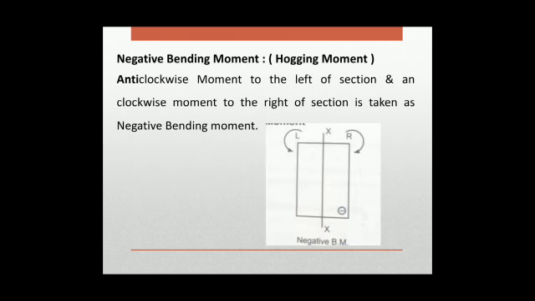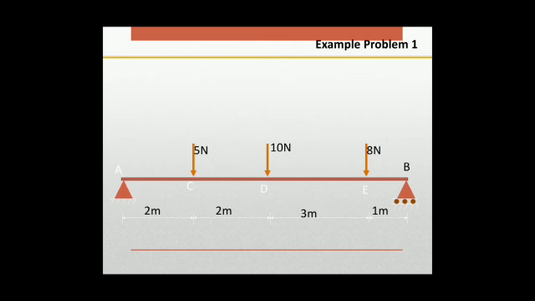Negative bending moment, that means hogging moment. Anti-clockwise moment to the left of section and clockwise moment to the right of section is taken as negative bending moment. For better understanding, we see the diagram.